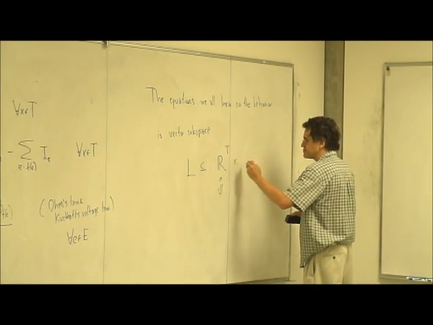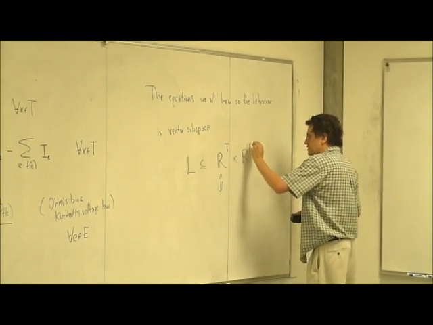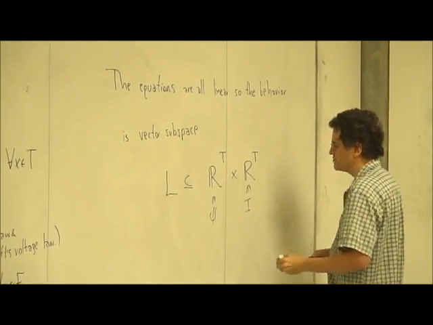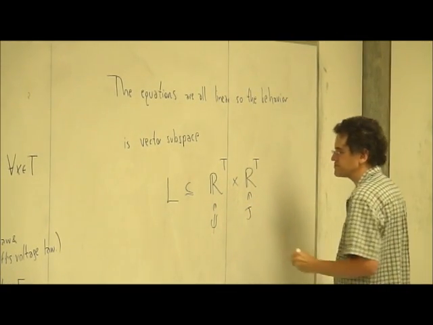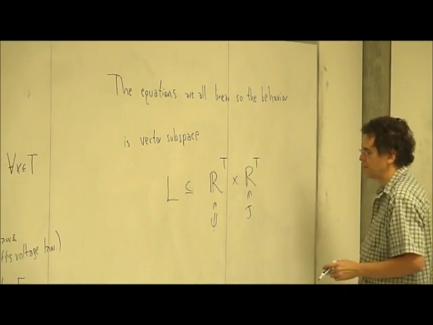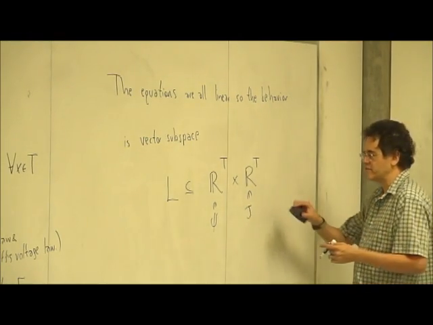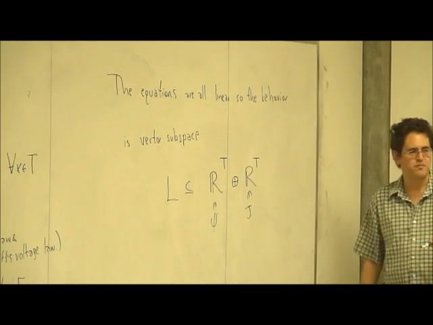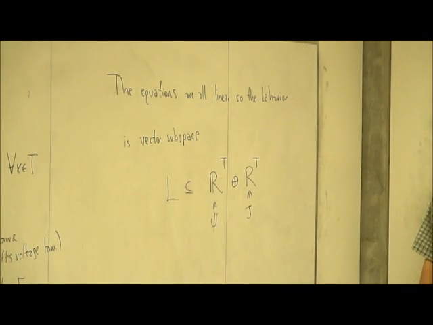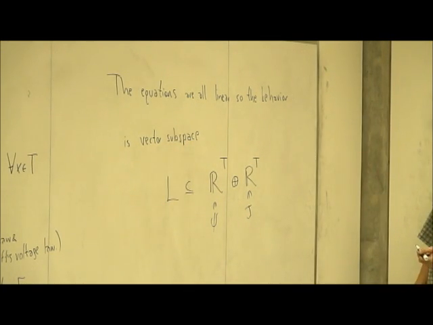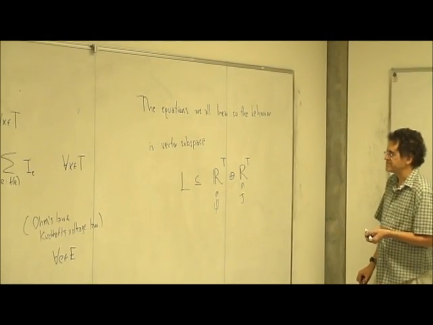And the space of possible currents at terminals is also R to the T. So we're getting a linear subspace of this vector space. Of course, if you want to show off your deep knowledge of linear algebra, you write the cross sign in some other funny way: rotate it 45 degrees and draw a circle for graduate education. But it does the same thing.